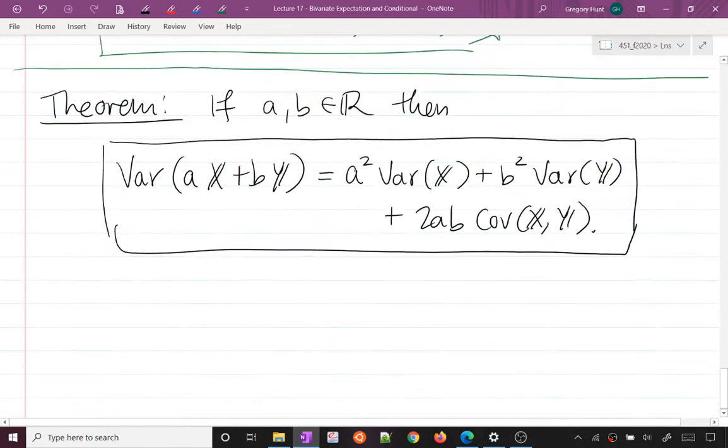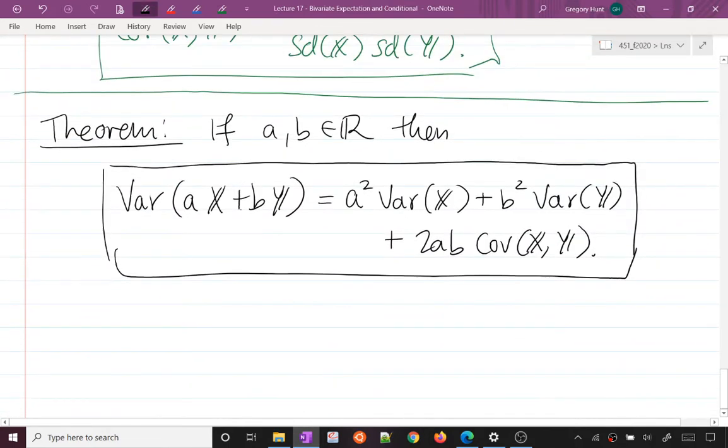That is not quite true for variance, the variance of the sum of two things. You could use that previous theorem to show that the expected value of ax plus by is just a times the expected value of x plus b times the expected value of y. So that previous theorem has that as a simple sub-case. But that's not true of variance. Variance actually includes a covariance term.